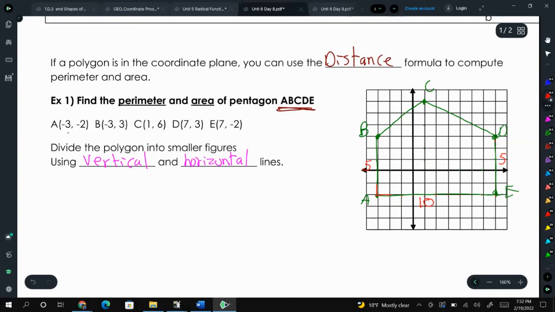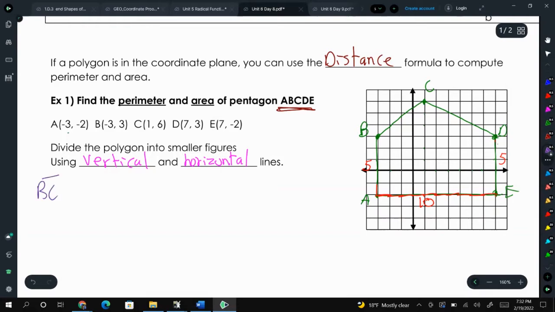So I'm just counting how many spaces there are. So any vertical or horizontal line, that's easy to deal with. Now, the diagonal lines, we're going to have to use the distance formula. So let's do that. Luckily, we only have to do it for 2 of these.